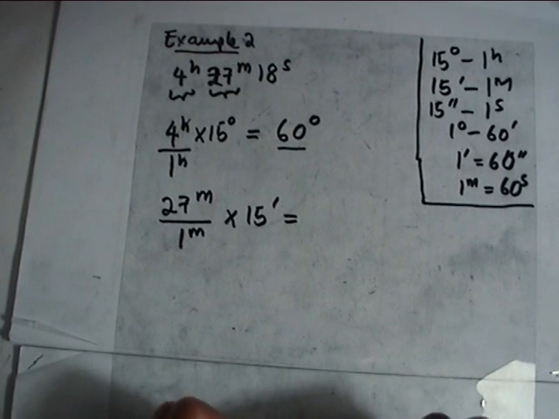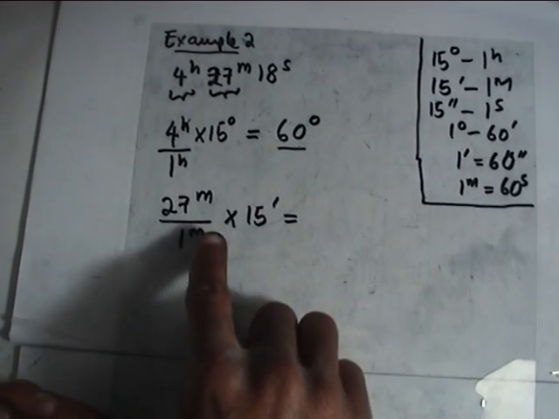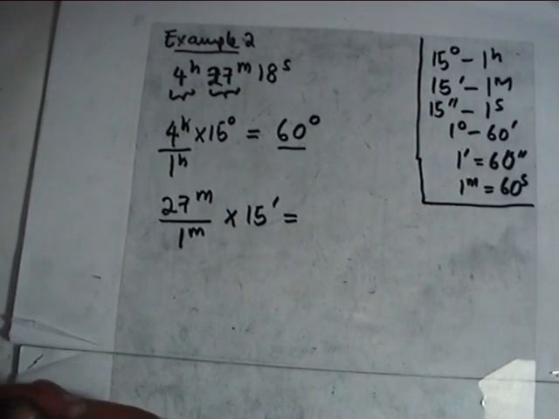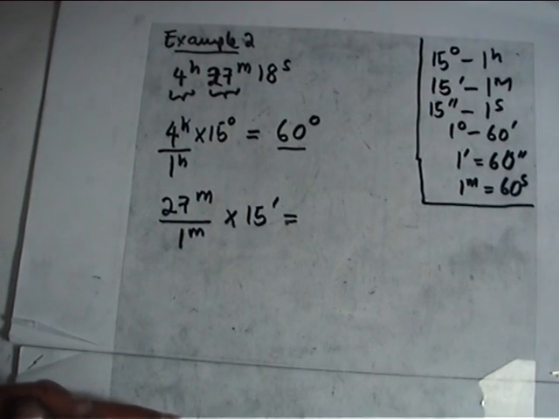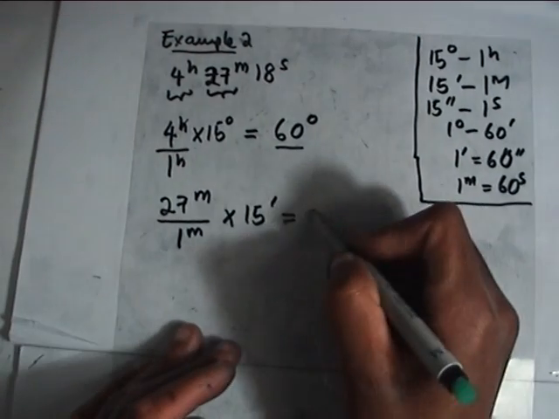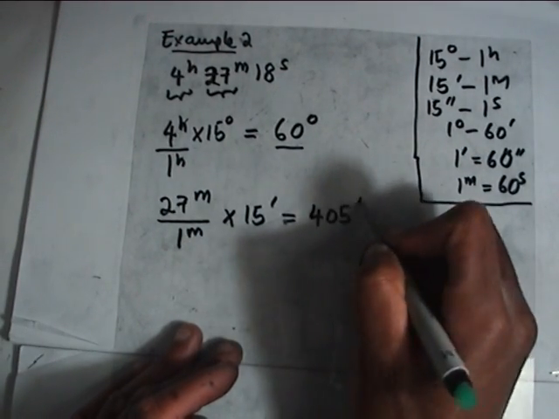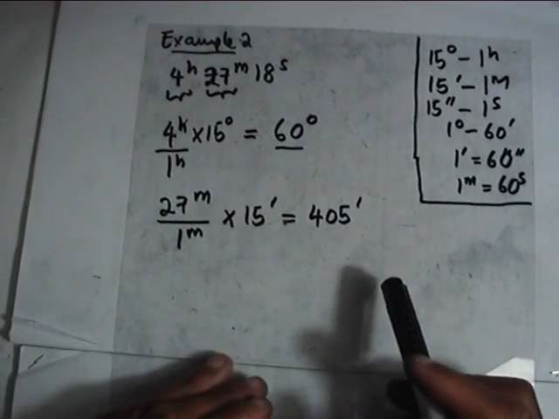When you do the divisions, the time minutes will cancel, and I'll be left with only an arc minute as the unit. So it will be 27 divided by 1 multiplied by 15, and I'll get 405 arc minutes. Those are the arc minutes that are there.